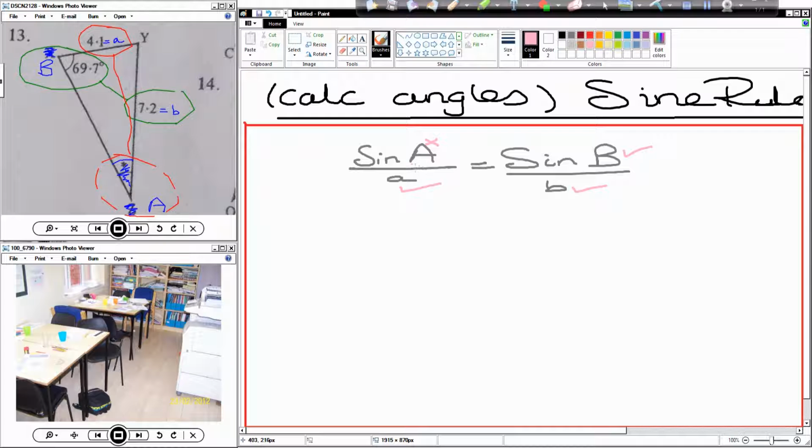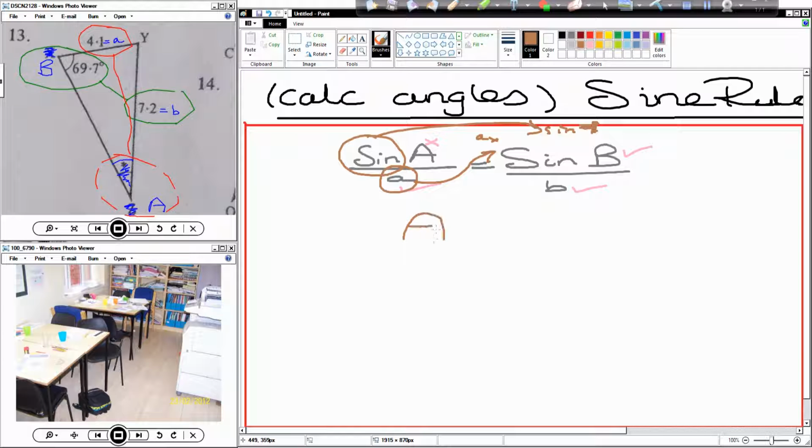Okay, we need to work out the big A. So the big A is being acted on by a sine function and the little a. So first action, second action, so we move the little a first. The opposite of divide by a is times by a. The opposite of the sine function is sine minus 1. Okay, that looks a bit chunky there. I'm just going to rewrite it a bit more neatly over here.